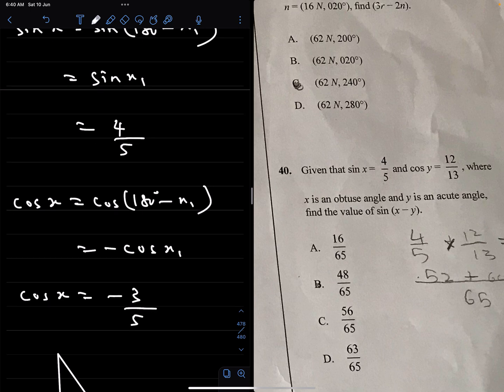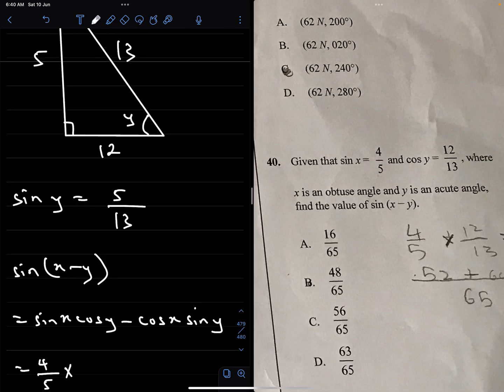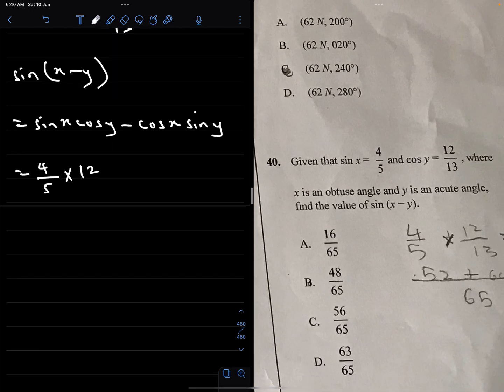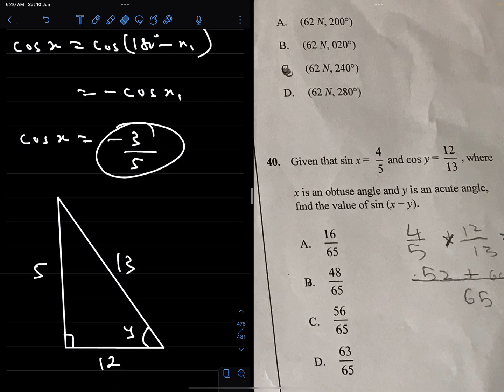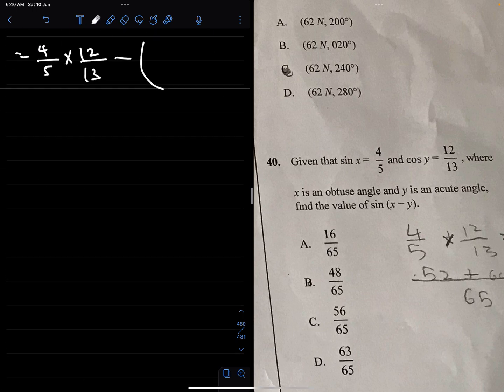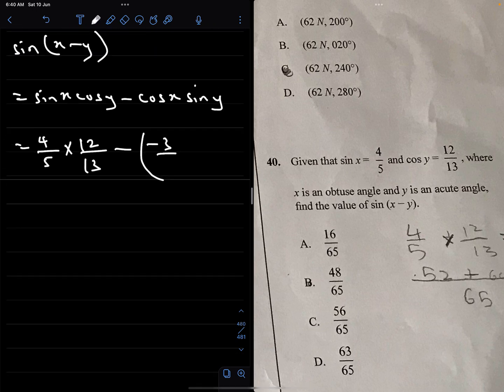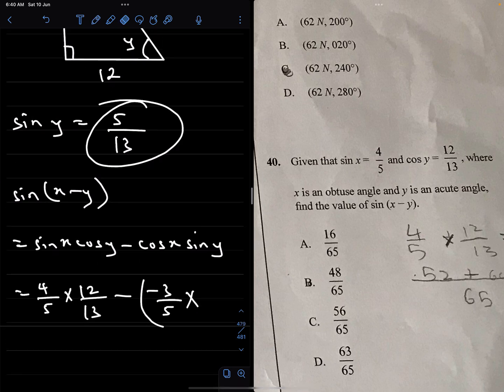Minus cos x, which is minus 3 over 5, times sine y, which is 5 over 13.